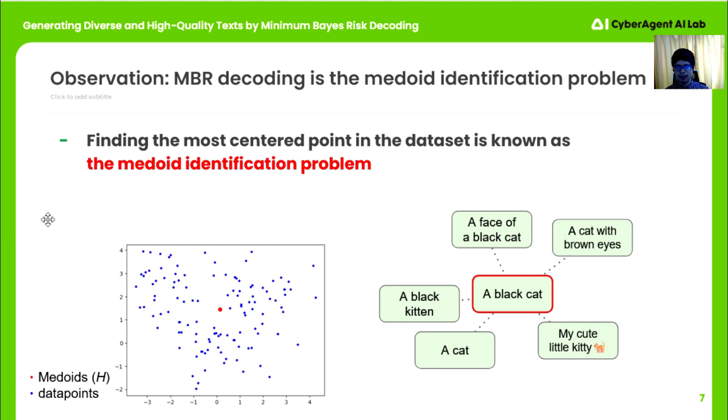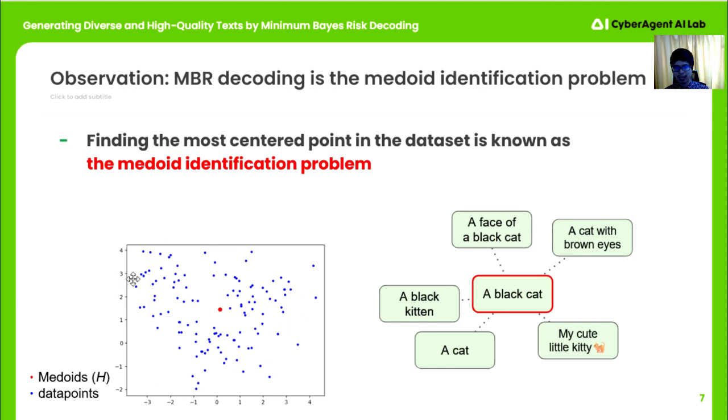So, first we're going to show an observation that MBR decoding is the Medoid identification problem, which I'm going to explain. Finding the most centered point with some kind of metric in the dataset is known as the Medoid identification problem.